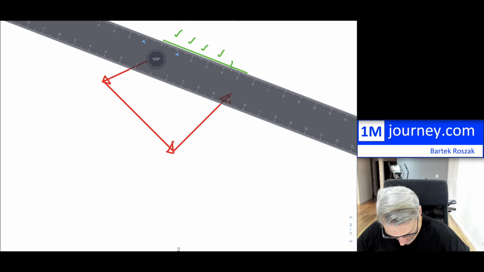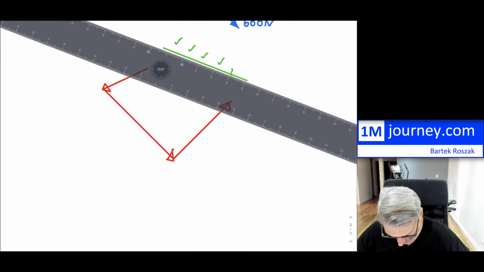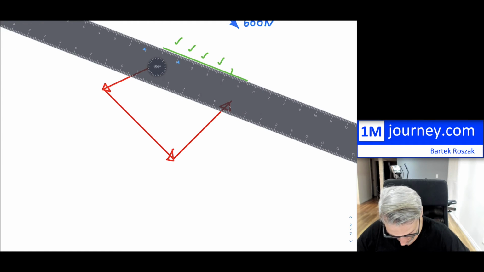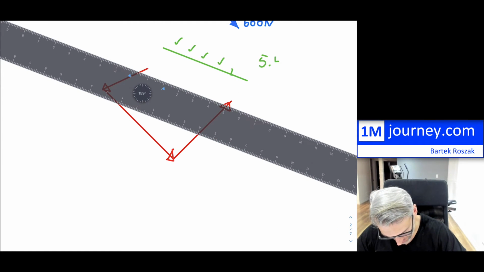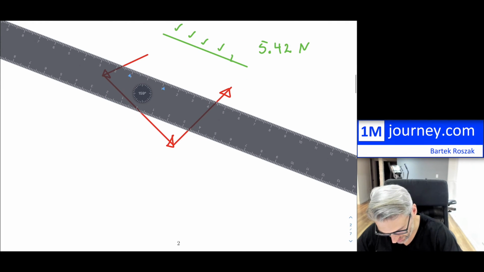If I zoom in then it won't work, but this was around 5.4 something. Sorry, newtons, this is centimeters. So this is centimeters. So if I scale it, that's going to be about 542 newtons.